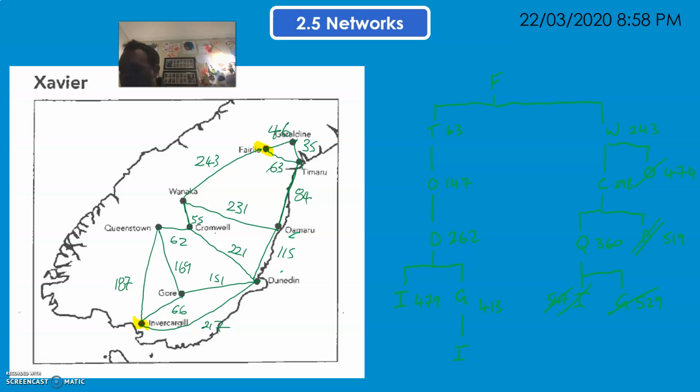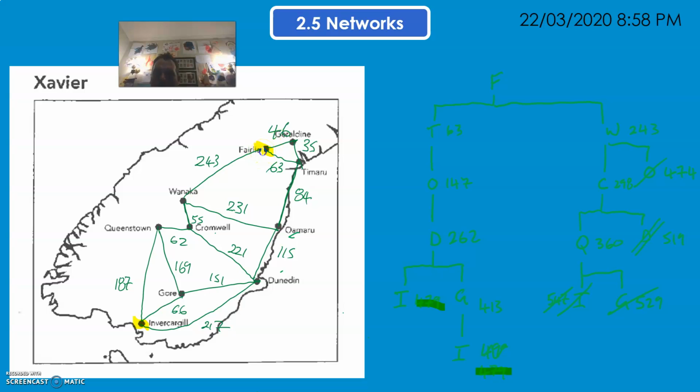So it would be 413 plus 66, which gives me 479, which is an interesting result because we ended up with two answers of 479. So in this case, you can choose either route.